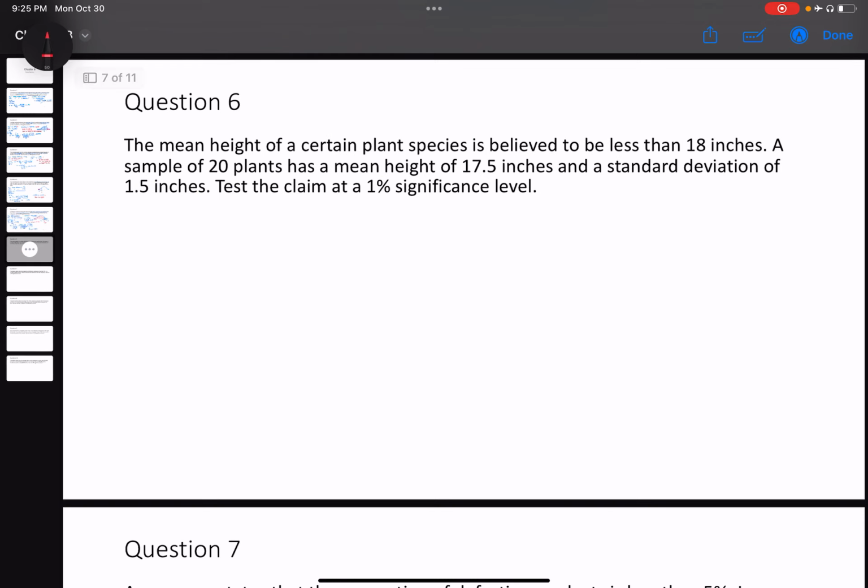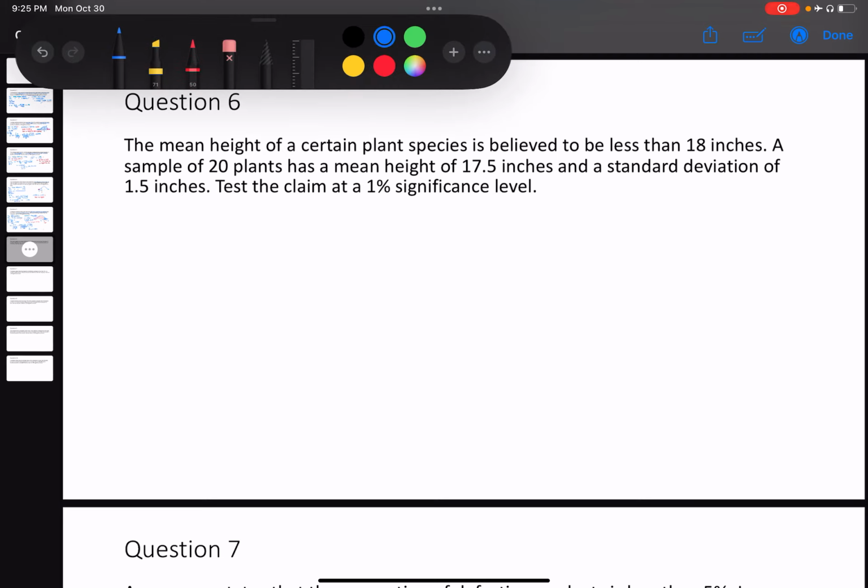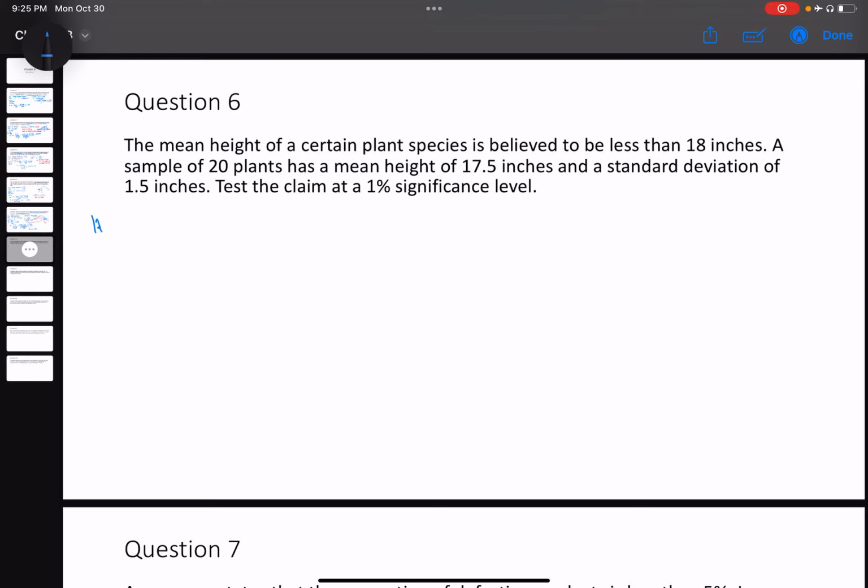Question 6. The mean height of a certain plant species is believed to be less than 18 inches. A sample of 20 plants has a mean height of 17.5 inches and a standard deviation of 1.5. Test the claim at the 1% significance. Again, here we write down the null hypothesis and the alternative hypothesis.